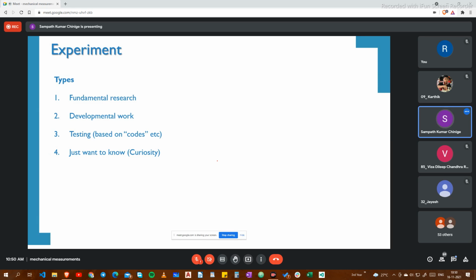The just-want-to-know category cannot be used in an industrial environment because that is more profit oriented. You cannot simply sit and think, suddenly get some idea and use it. That will never happen in industry because each minute is important and they are profit oriented.